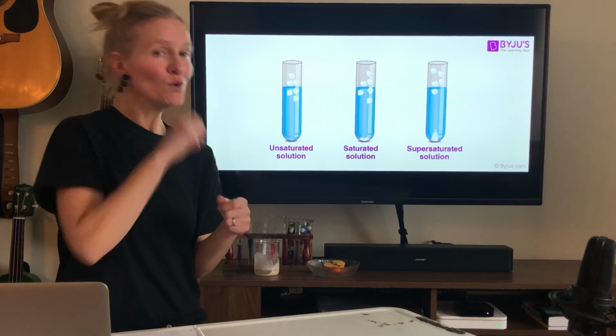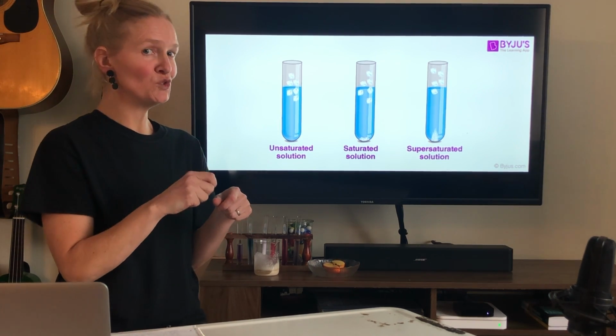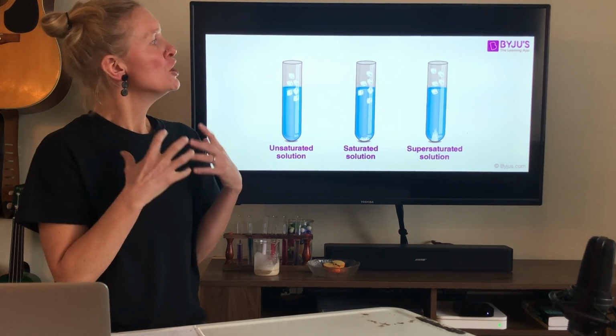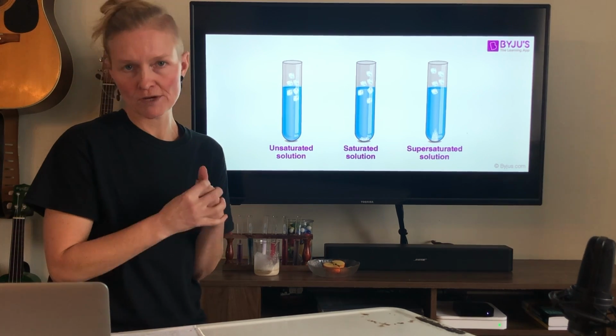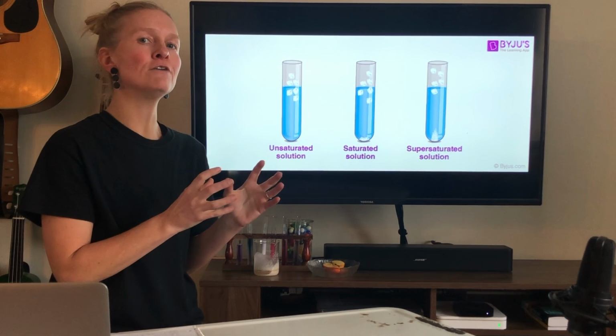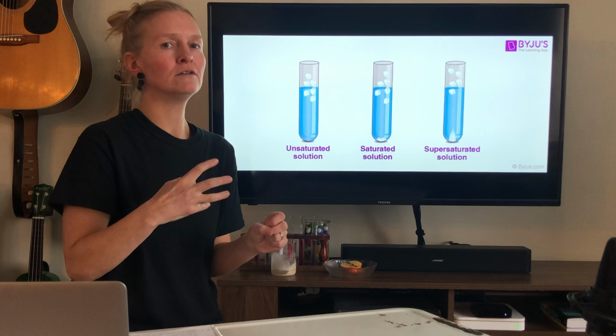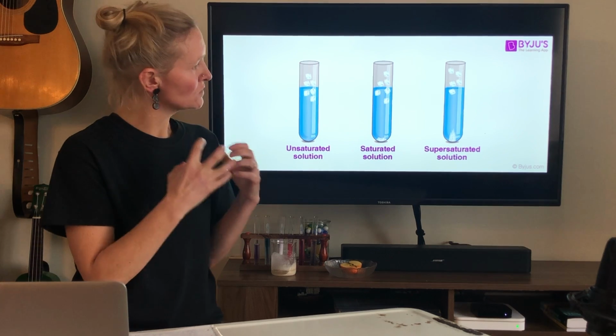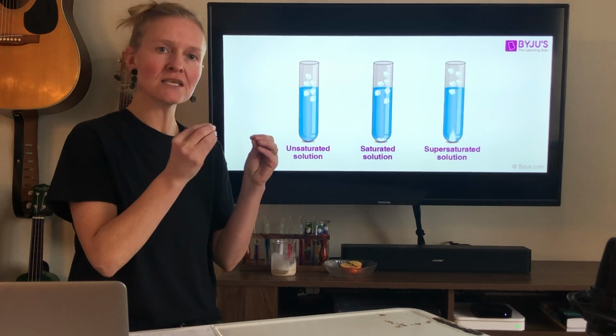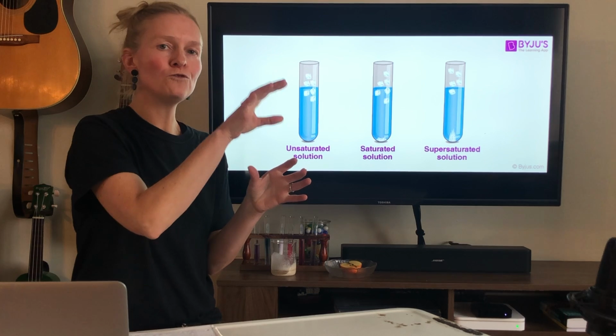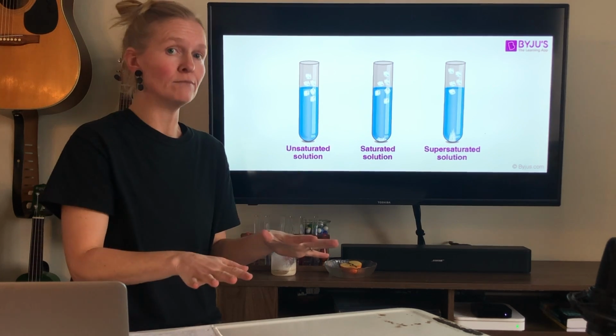Once you add more to that kind of solution, the saturated solution, you get what's called a supersaturated solution. And so that's when you have a certain amount of solvent and a certain amount of solute added where you can't dissolve it all. So not all the solute can dissolve. And so what happens is some of the solute will fall to the bottom of your solution.